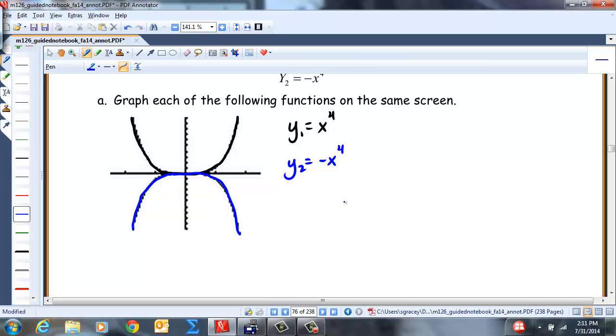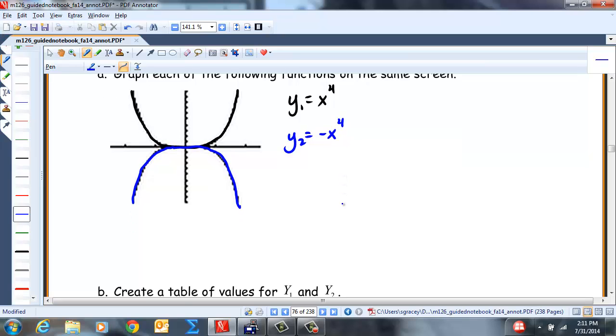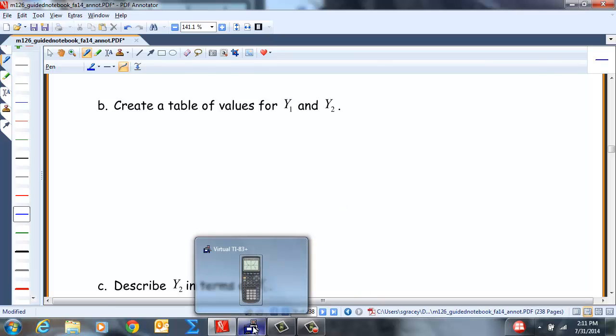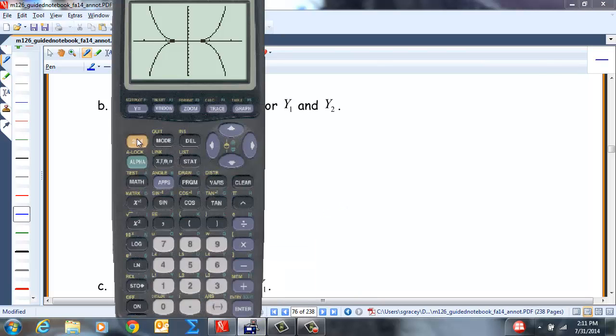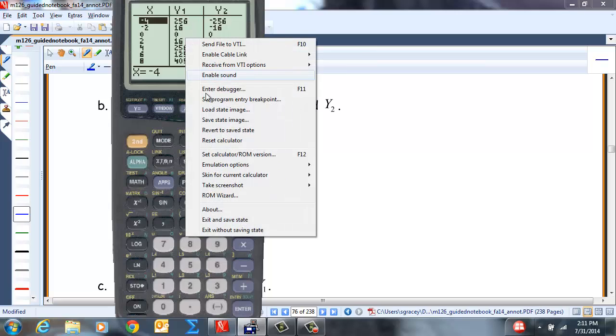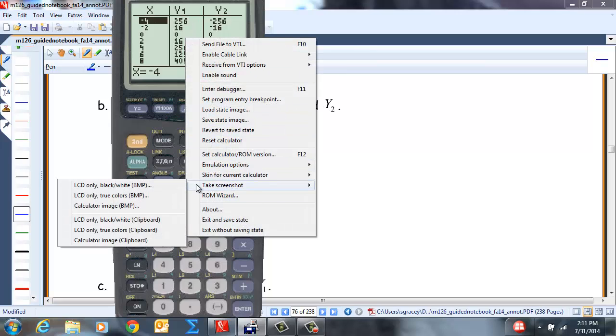So if we look at our table of values for y1 and y2, you see how the y values are opposites? They're negatives of each other.